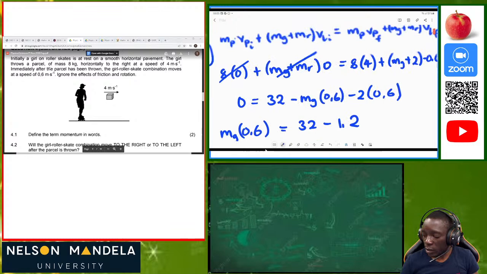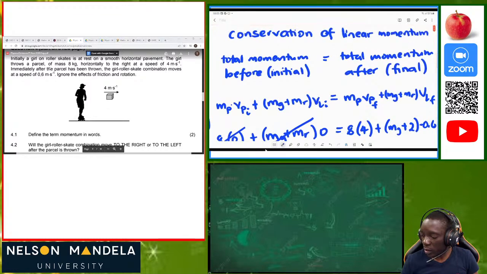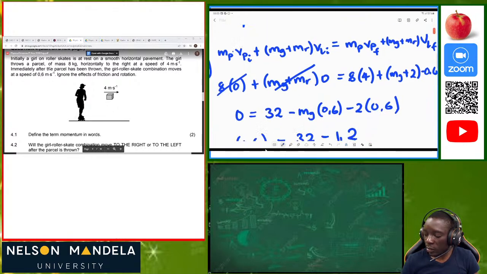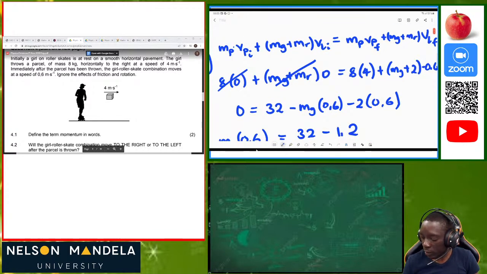So we have used conservation of momentum to find the mass of the girl. Knowing that velocity initially was 0, the initial momentum is simply equal to 0. The total initial momentum of this system is 0, and the total final momentum should also be equal to 0.